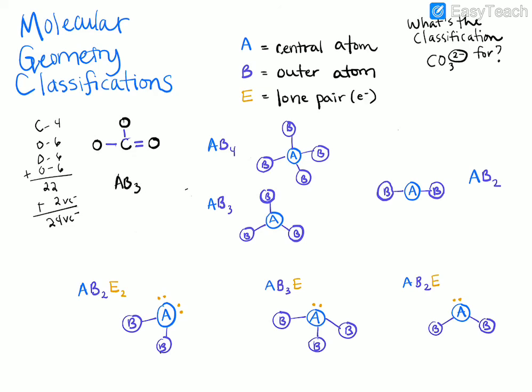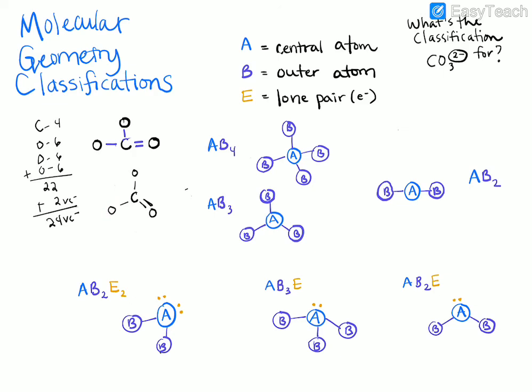So you can see how each one, the one we did NH3 and CO3 2 negative, ended up being 2 different molecule classifications, all right? And it took us having to draw out its actual molecular Lewis structure. So this is what this would actually look like. It's an AB3 molecule.